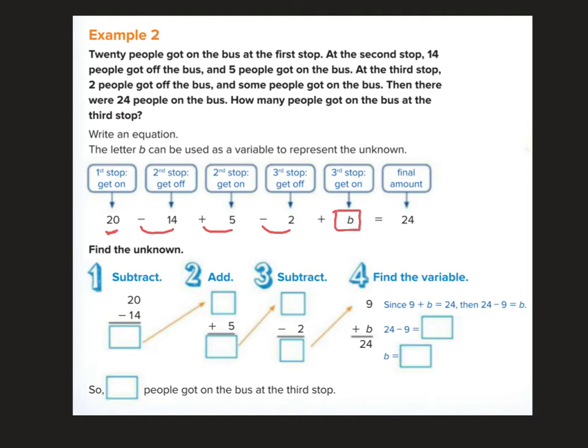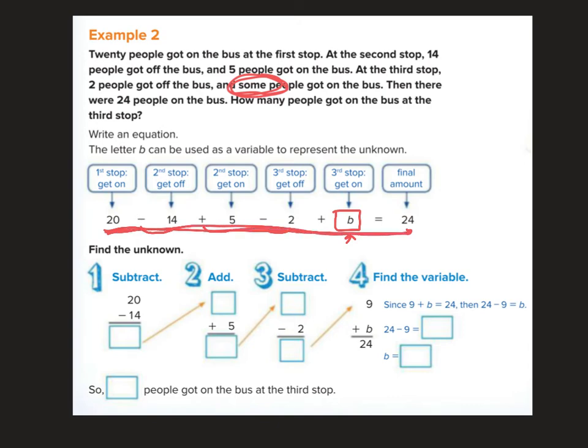So we know they got on, so we know we're going to need to add. And we're going to have to add the unknown. We don't know, right? We don't know because it told us some. We don't know what some is. So that is our variable, sum. Then there were 24 people on the bus. How many people got on at the third stop? So this right here is called an equation.